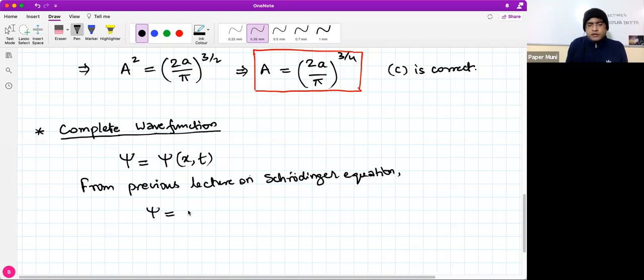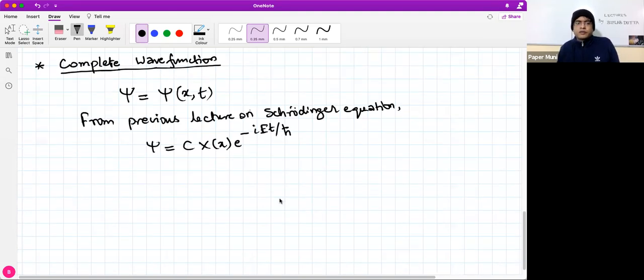Psi is equal to psi of x times e to the minus iota Et by h cross. This was the form we had when we derived the form of the wave function from the Schrodinger equation.